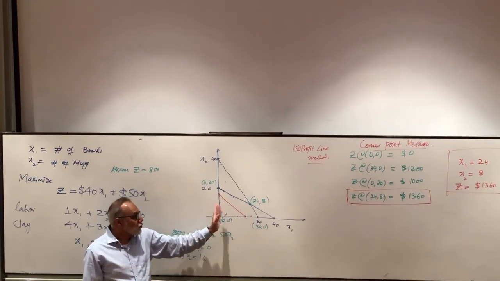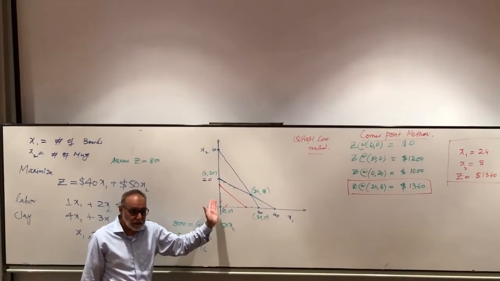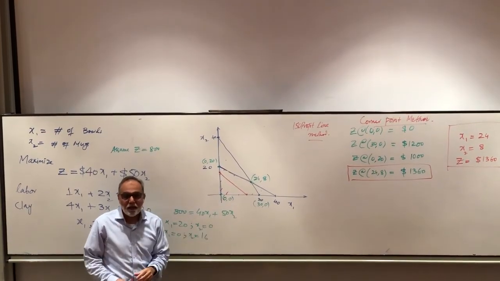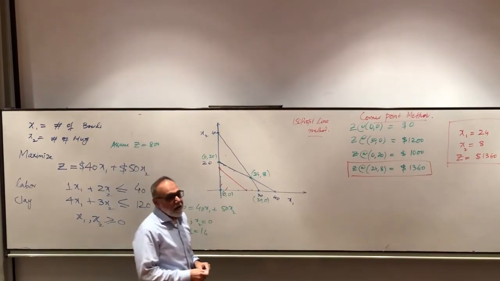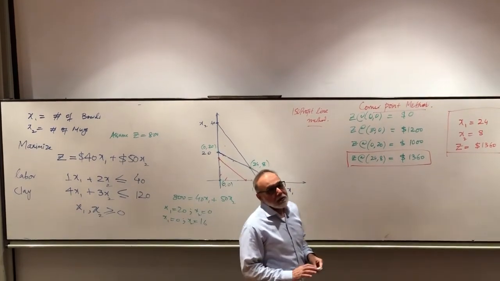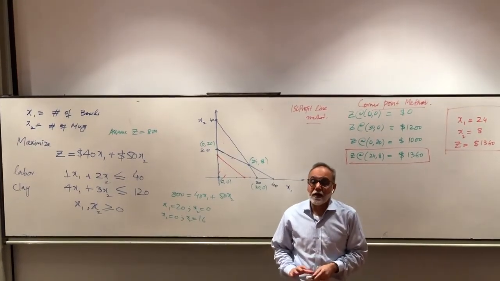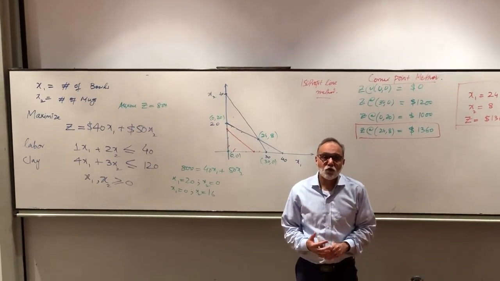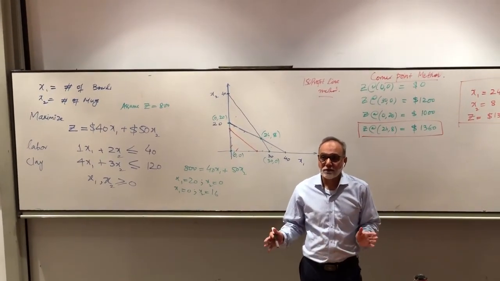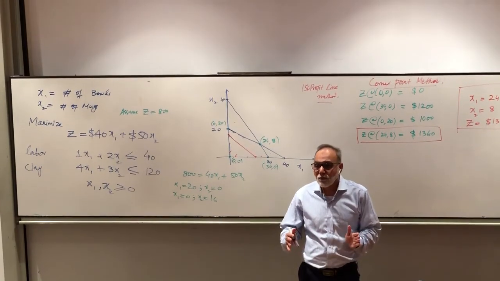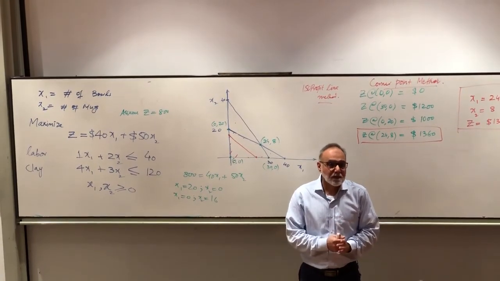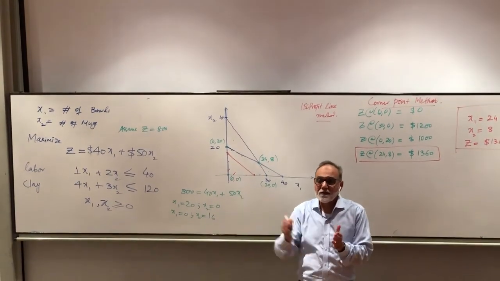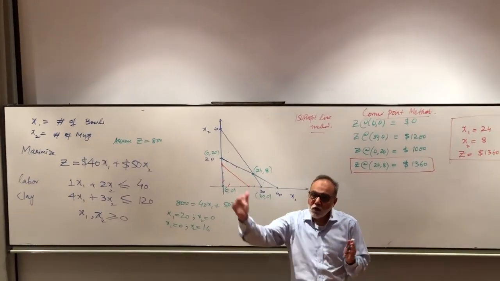Once you have drawn it, this is the graphical technique. The theory says that the solution will lie on one of the extreme points. What you have to do is move to the extreme point. When you are maximizing the profit, you will move away from the origin. When you are minimizing the cost, you will move towards the origin.